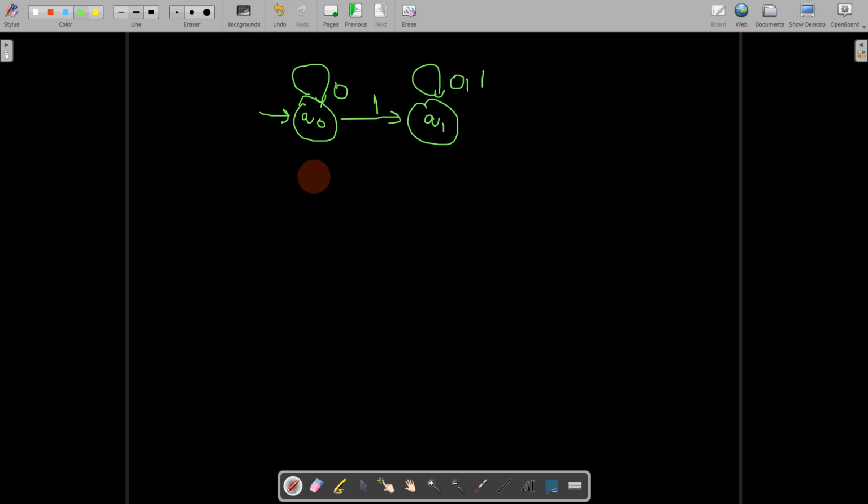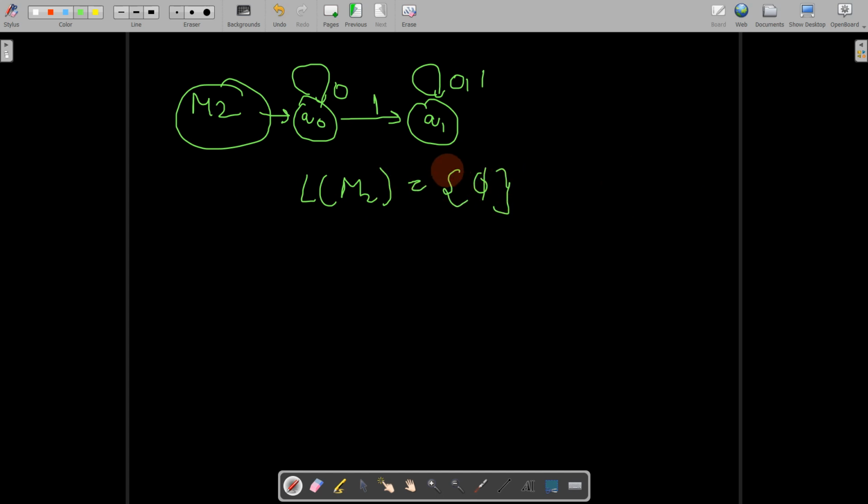So I am naming this machine M2. The language accepted by M2 is ∅, that is the empty set. No strings are accepted, so the language recognized by M2 is the empty language.